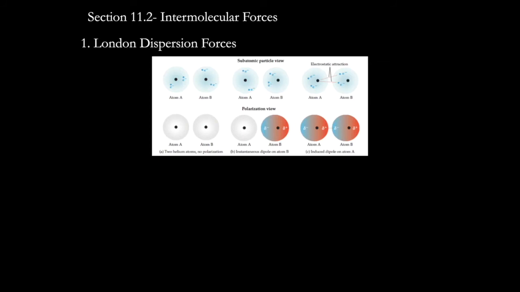And so that separation of charges, even though it's a slight difference in charges, is going to cause an attraction. That attraction is called London dispersion forces, and so it exists in every single type of molecule, in every single type of atom. So while I'm going to be talking about 3 more types of intermolecular forces, all of these also have London dispersion forces.